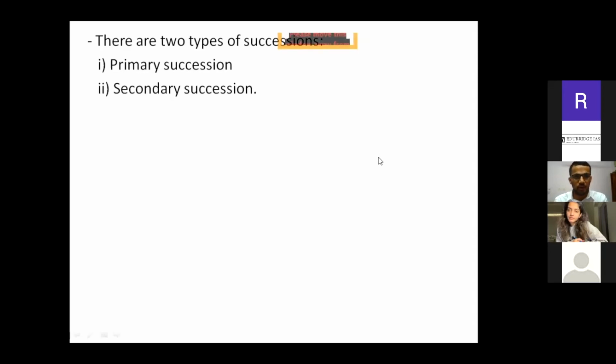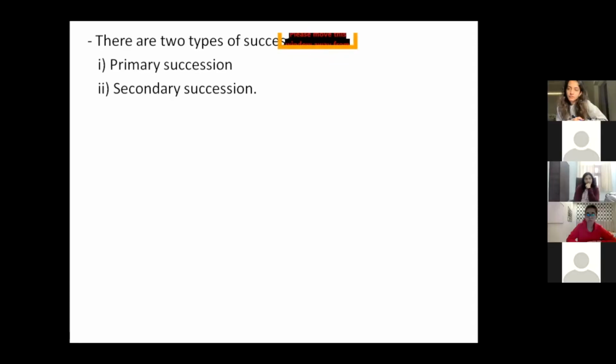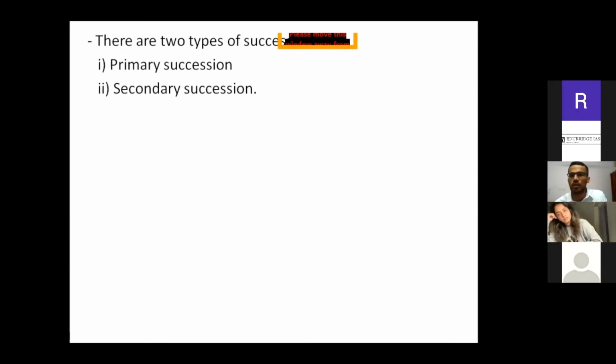Their own decomposition: suppose there are microbes or lichens, and they are not able to find their food material, subsequently they die, and those lichens will be acted upon by other microbes. Fine. So their own decomposition they can carry out.